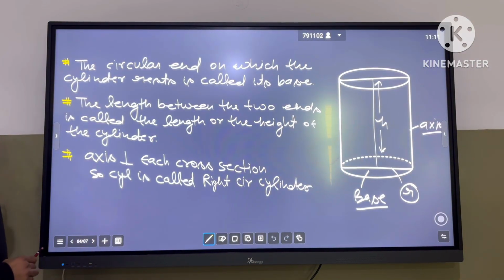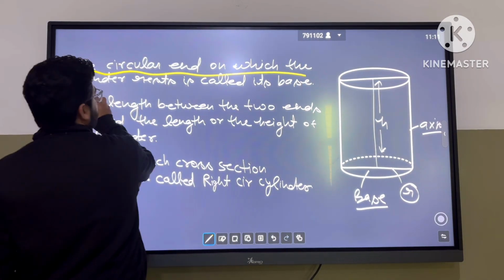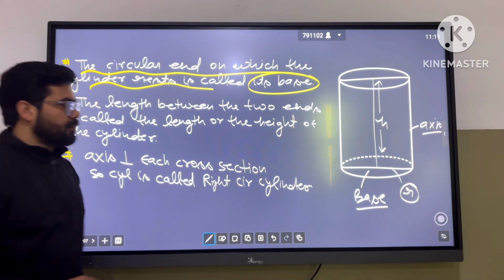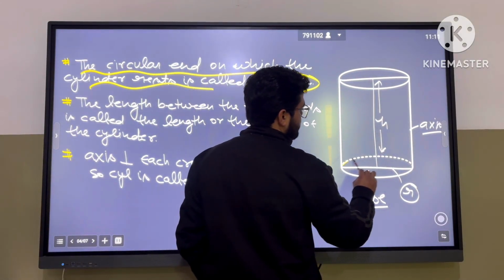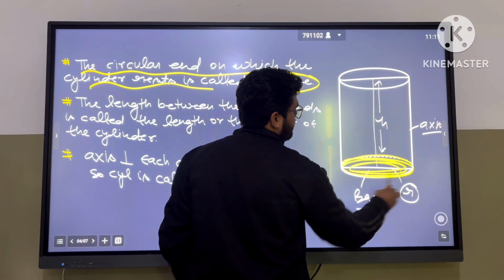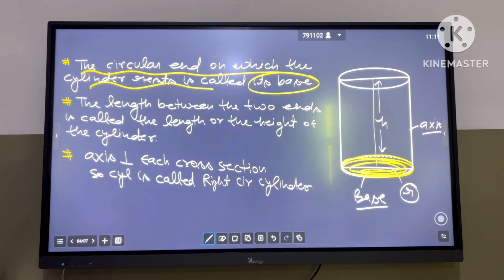Next, the circular end on which the cylinder rests is called its base. So the base of this cylinder is this. The length between the two ends is called the length or height of the cylinder.